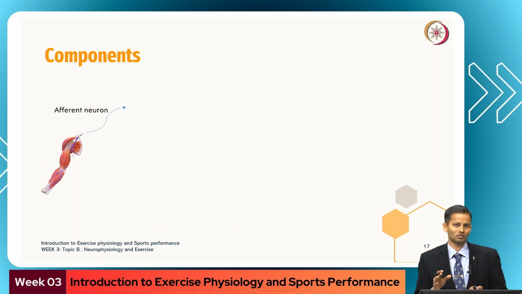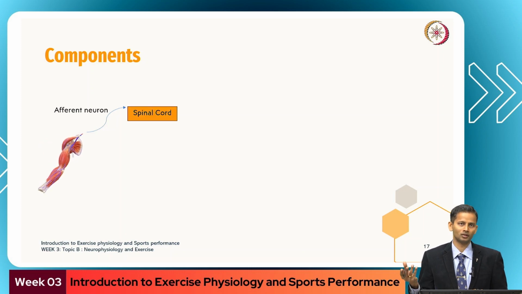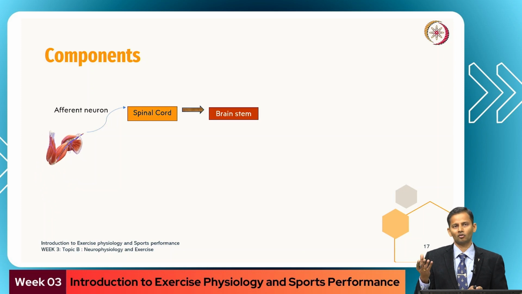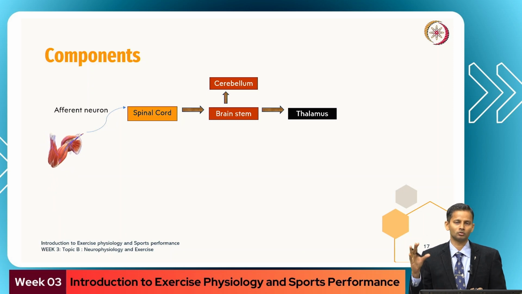So what are the components of this entire system that happens? So the afferent neurons carry the sensory impulse to the spinal cord. From the spinal cord it goes to the brainstem. Brainstem also sends some signals to the cerebellum to know sensation about the posture and movement, and it further transmits to the thalamus, which is the relay center.